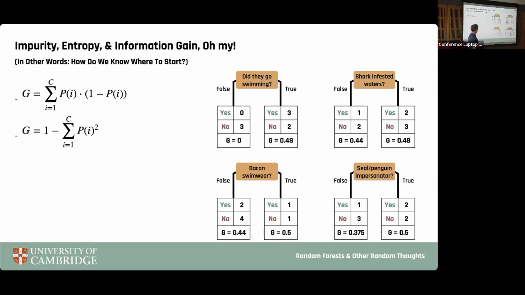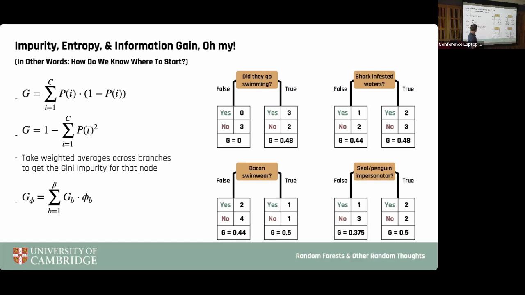Okay, and you can see how this arrives at 0, because we have 0 times 1 minus 0. So we basically calculate that for all of the leaves. Okay, and then we essentially average it across each of those branches.